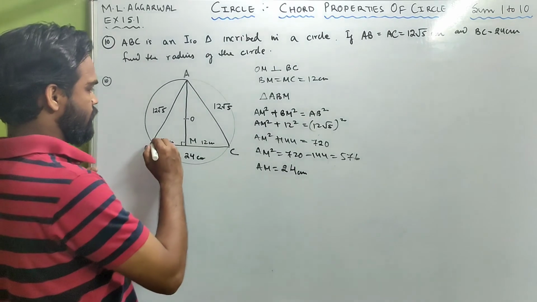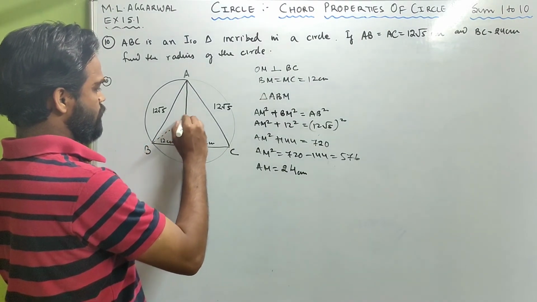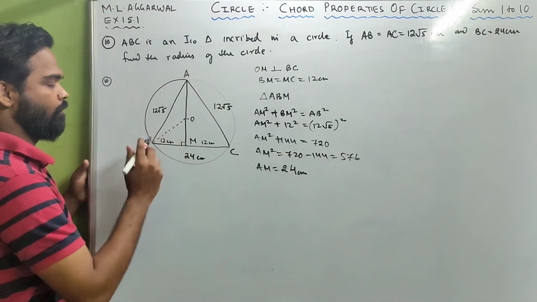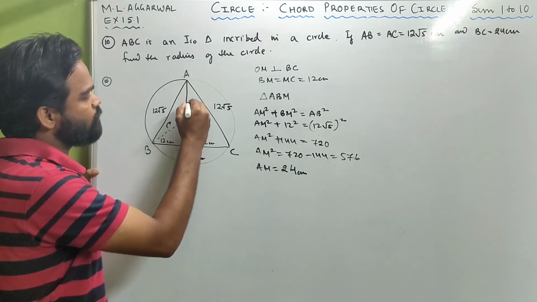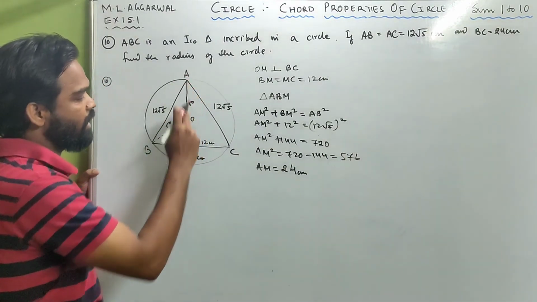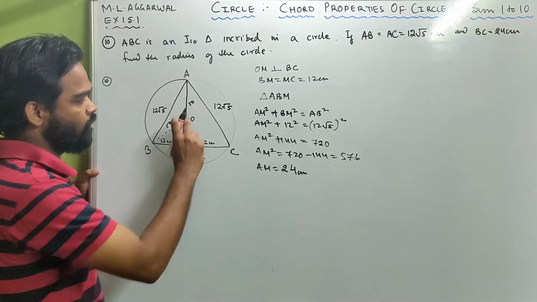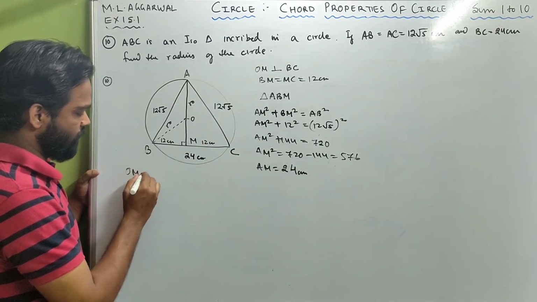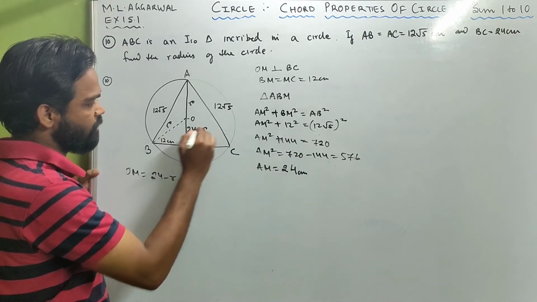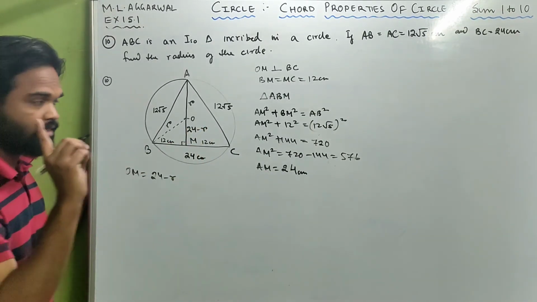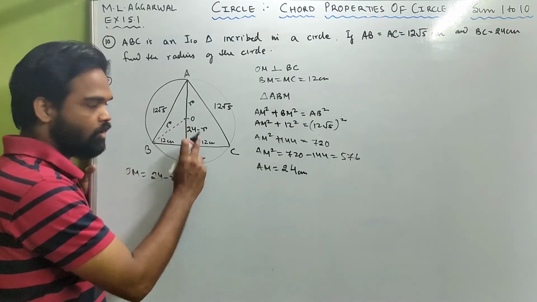Now look carefully. What I'll do, I'll join BO. So this is the radius of the circle. AO is also the radius of the circle. AM is 24. So OM, look carefully, will be 24 minus R. This is 24 minus R, isn't it? Look in the triangle OBM.